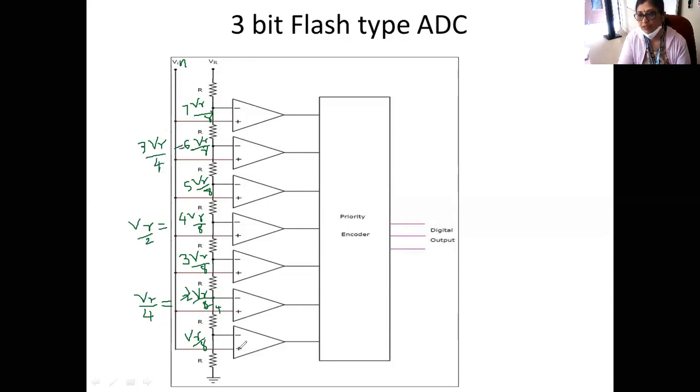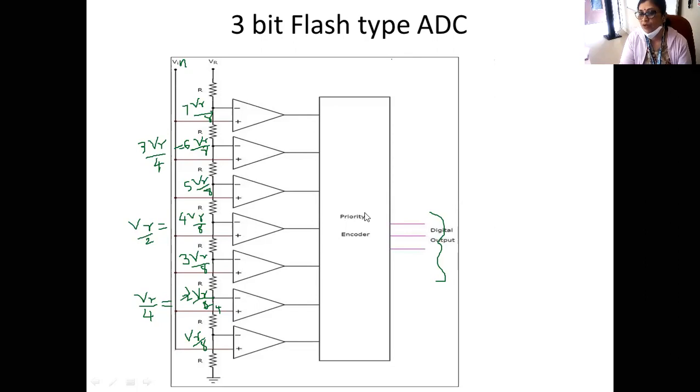Now you can see, as there are 3 digital outputs, you have to use 7 comparators. So there are 7 comparators used here.